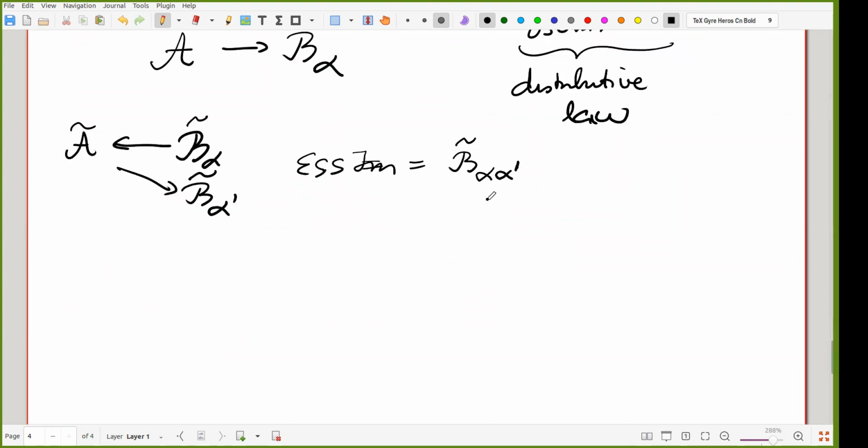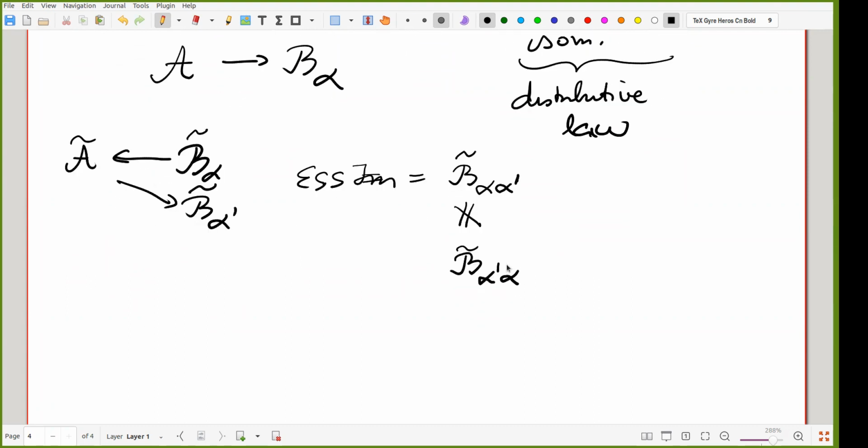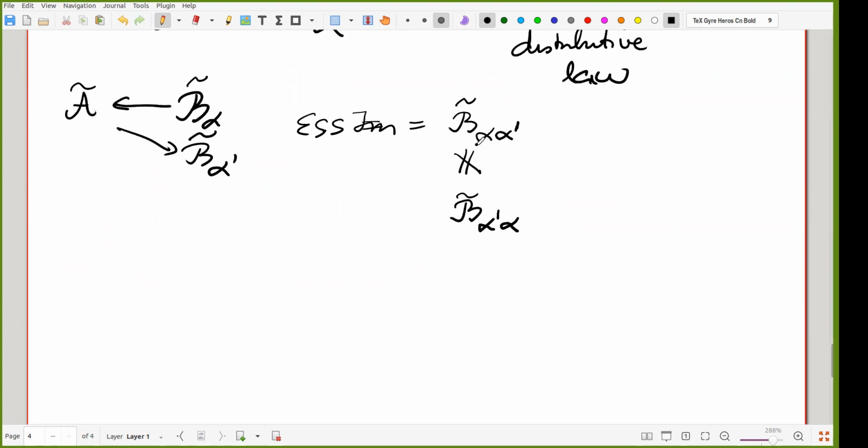And in general, this is different from B alpha prime alpha. So in non-commutative geometry, you have a usual phenomenon: if I have two open sets, U alpha cross U beta, this will be the same as U beta cross U alpha. But in the non-commutative case, the analog of this does not hold.